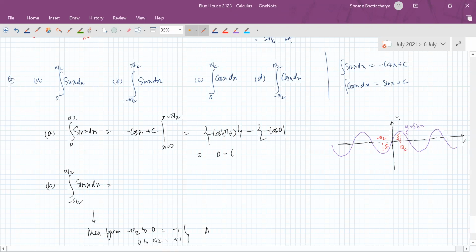So the total area from minus pi by 2 to pi by 2 comes out to be 0. So it's basically the algebraic sum of the area above the x-axis and the area below the x-axis, which is what your calculation will also show you.